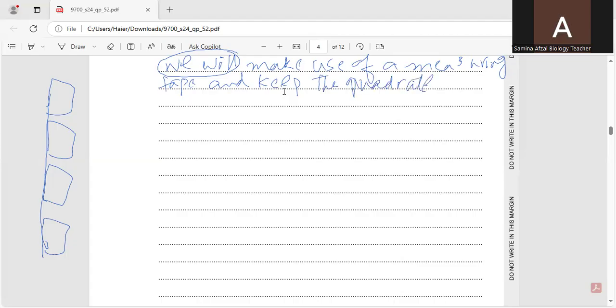Quadrats are made up of wood or any metal. They are available in different sizes.